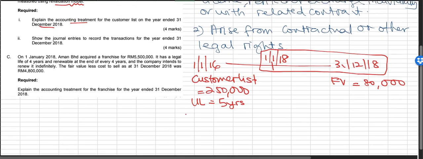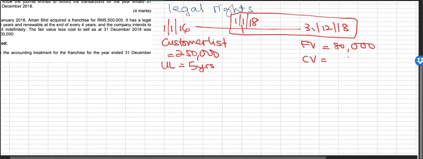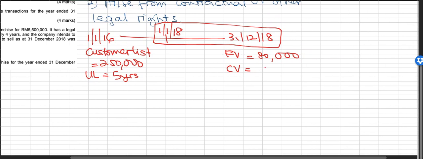Before we start with the accounting treatment, let's calculate first. Since this is a fair value using the revaluation model, you have to compare with the carrying value. Carrying value is cost less accumulated amortization. For PPE, it is accumulated depreciation; for IA, it is accumulated amortization. The term used is different, but the way you calculate it is similar.